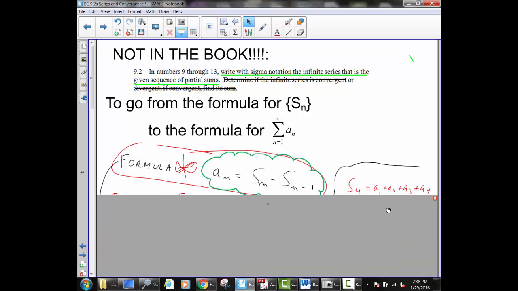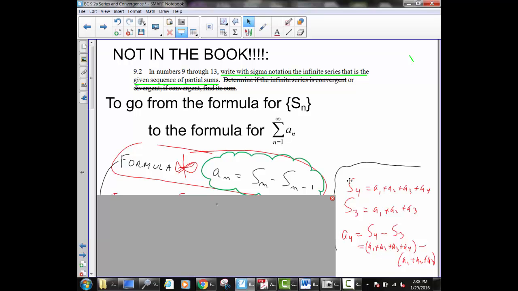Now, this shouldn't be too hard to understand, because if the sum of the first four terms, of course, is a1 plus a2 plus a3 plus a4, and the sum of the first three terms is, of course, a1 plus a2 plus a3, if I take the sum of the first four terms and subtract from it the sum of the first three terms, surprise, surprise, you get the fourth term. So an equals Sn minus Sn minus 1.